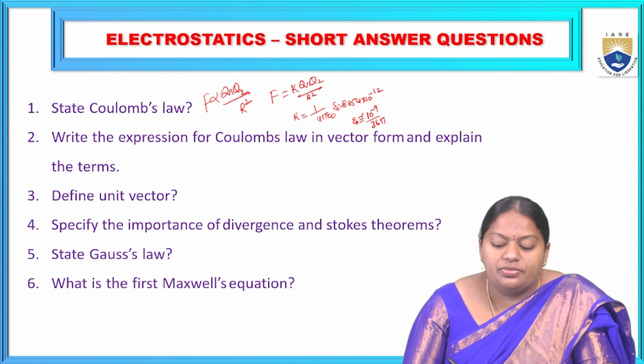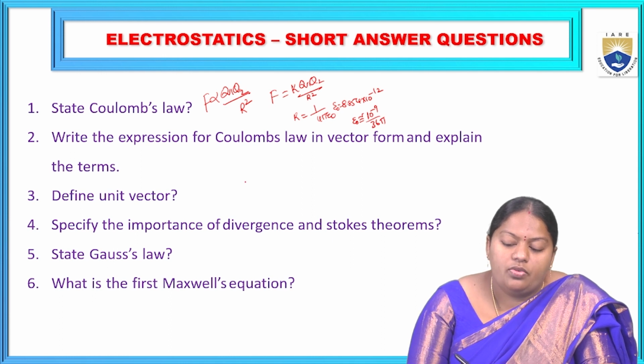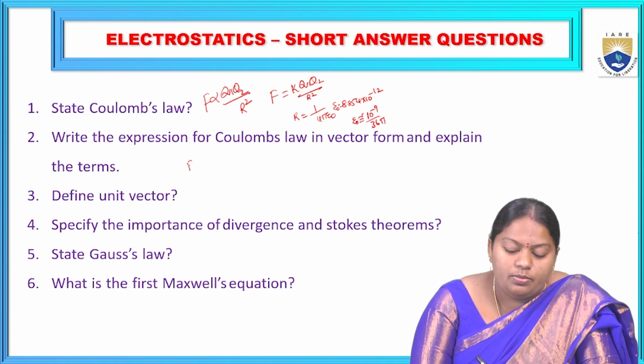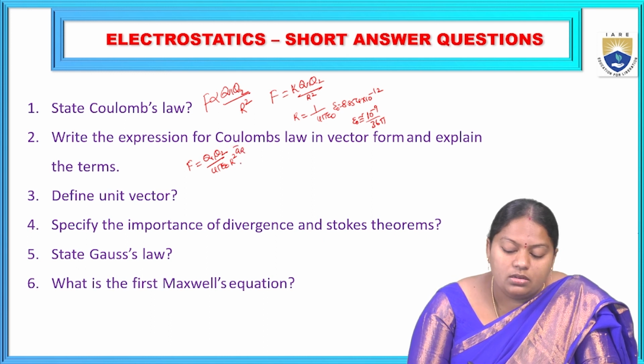Next, write the expression for Coulomb's law in vector form and explain the terms. If you want to express Coulomb's law in vector form, it can be written as F is equal to Q1 Q2 by 4 pi epsilon naught R square into AR, where AR is the unit vector, given by R by its magnitude.